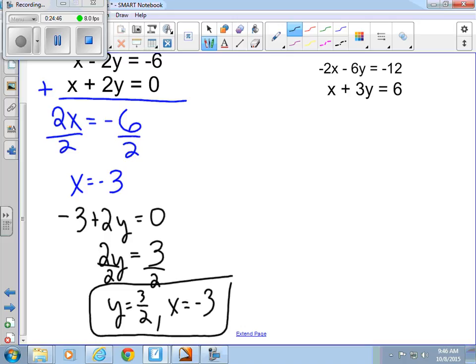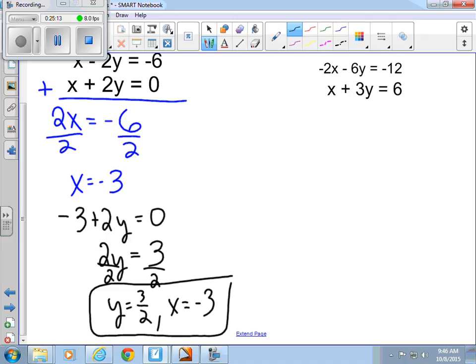The next one, I think you have some options. I still think it's set up pretty well for elimination, but I would rule out substitution if you like substitution. What do y'all want to do? Substitution? Let's do it. Okay, so I'm going to do substitution. If I do substitution, what would I want to do first?